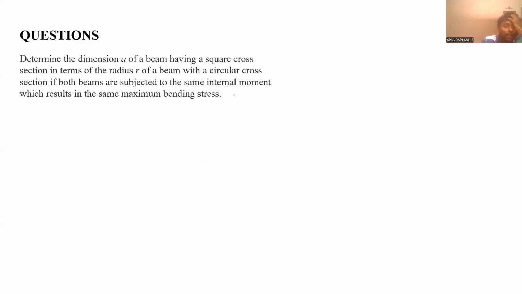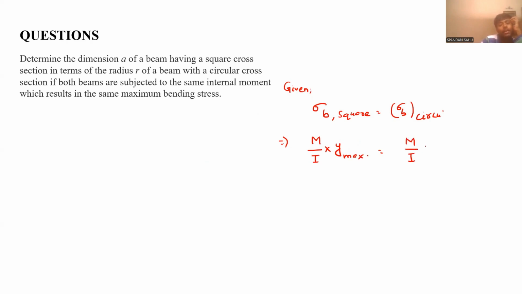That means bending stress, sigma b, is also constant. So it is given in the question, sigma b for square will be equal to sigma b for circular. That means M by I into y max will be equal to M by I into y max for circular.